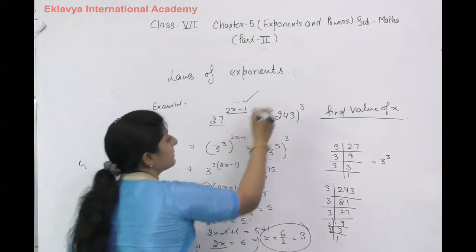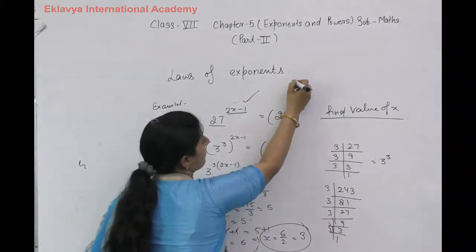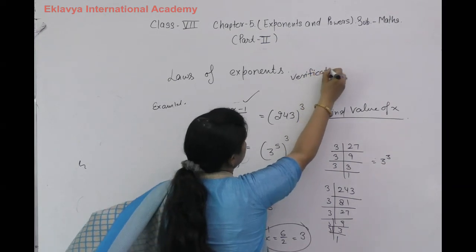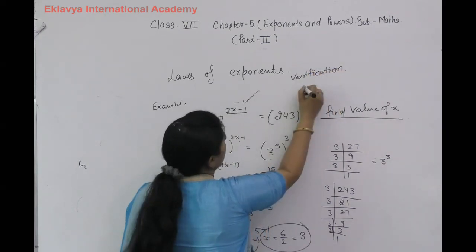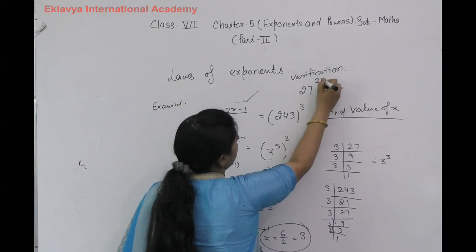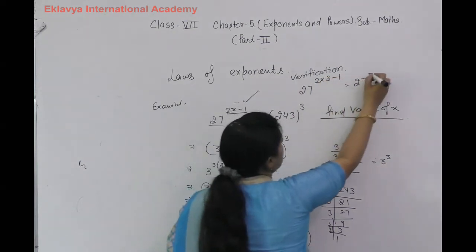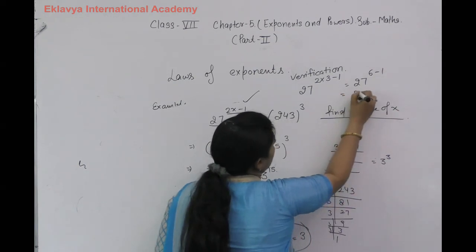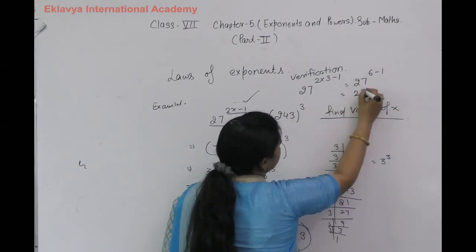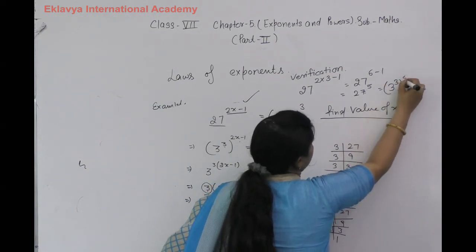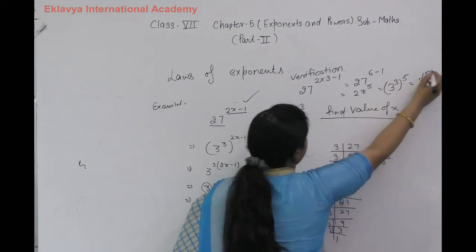Verify it, check it. Verification: if we want to do 27 power 2 into 3 minus 1, 2 times 3 is 6 minus 1, 27 power 5. This is 3 power 3, whole power 5, that is 3 power 15.